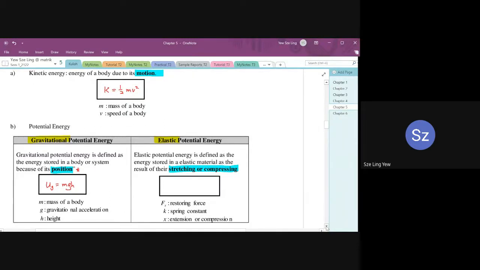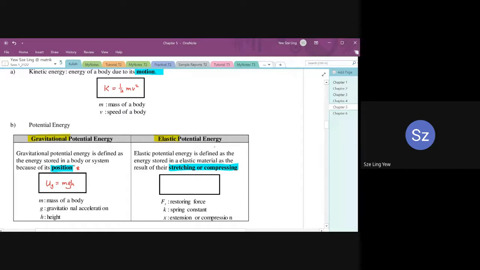If a question asks you what are the differences between gravitational potential energy and elastic potential energy, then you need to state clearly: gravitational potential energy is caused by position, elastic potential energy is caused by stretching or compressing. The second difference is that the gravitational potential energy equation is UG equals mgh, whereas for elastic potential energy, you have US.